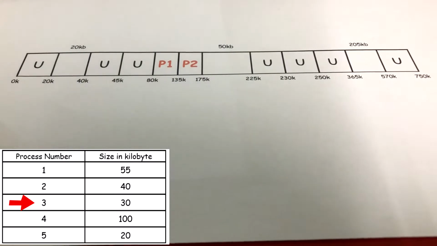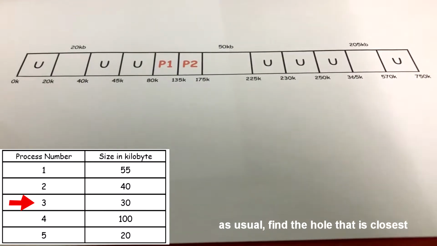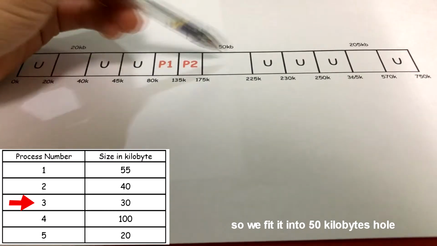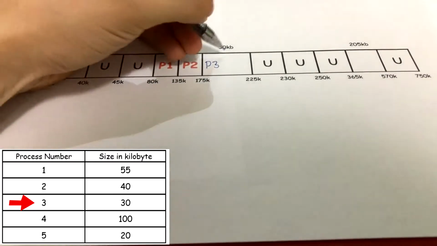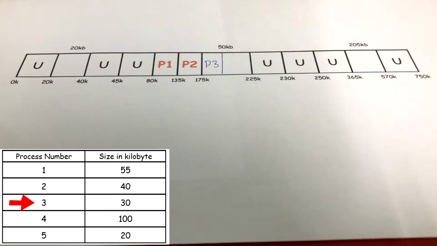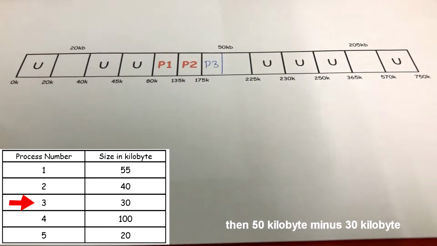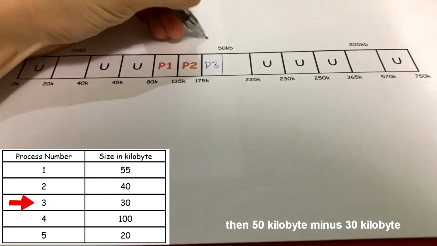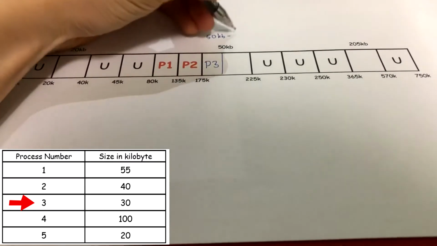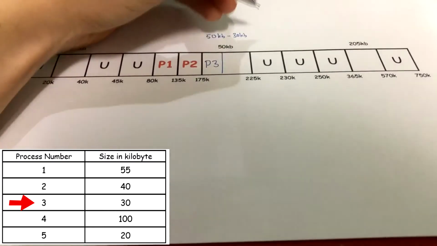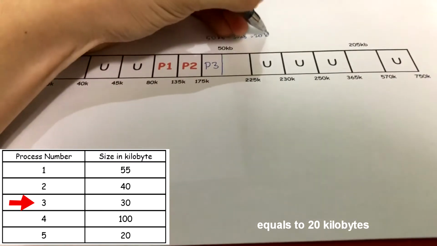Process 3. The size is 30 kilobytes. As usual, find the hole that is closest. So we fit it into the 50 kilobyte hole. Then 55 kilobytes minus 30 kilobytes equals 20 kilobytes.